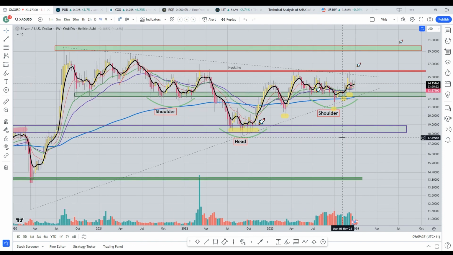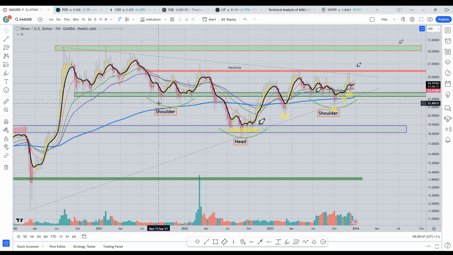Now, within all of that, we've actually had a pattern form called an inverted head and shoulders, and I've put these on the chart here. So we've got the shoulder, we've got the shape that makes that shoulder. We have the head here, and we have the shoulder over here. The other thing that I want to point out before I wrap this video up is that from these lows here, we've had a higher low, we've had a higher low, and these lows get higher and higher, and we're back within this triangle that's been forming since July of 2020.